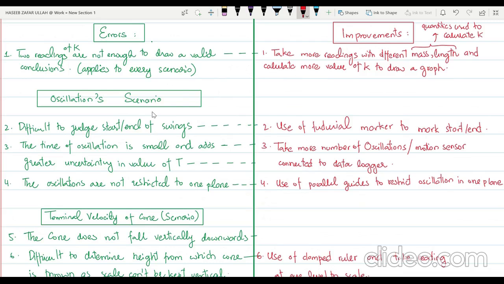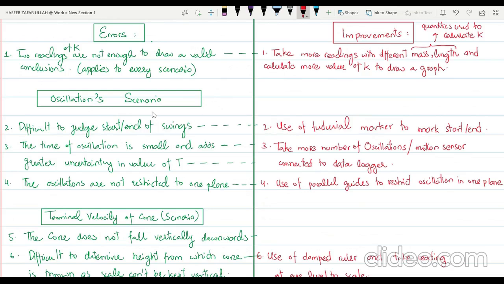So what you can do is use a fiducial marker to mark the start and end. For example, it can be a line or something. You can also place a rod at that point and release it from that point. So this is the improvement for this error.